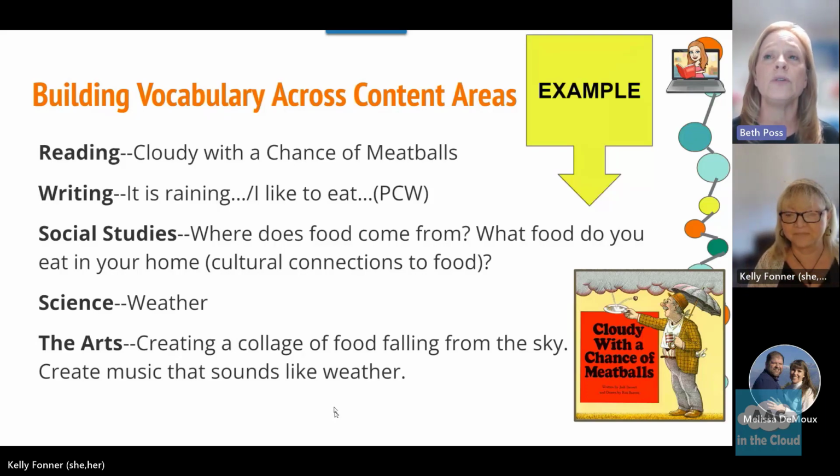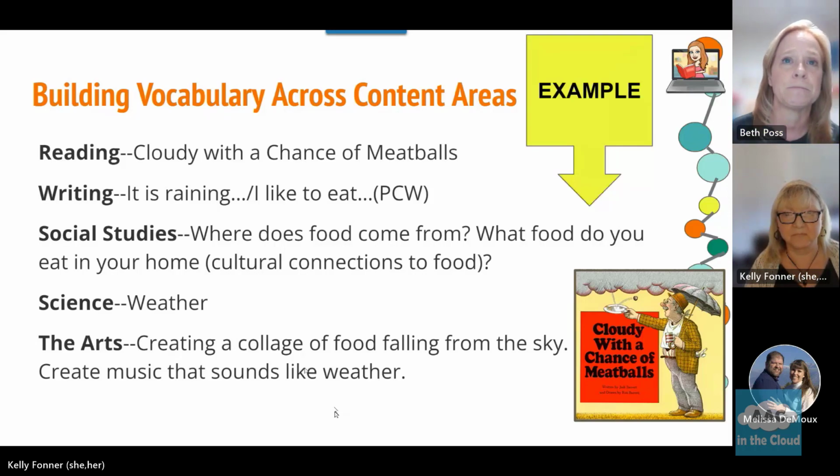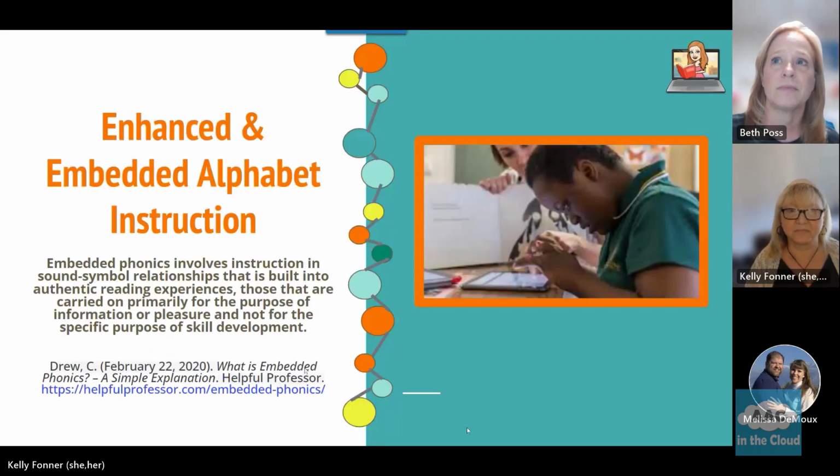Or maybe in your music session, you're going to create music that sounds like weather, like drumming and percussion and all sorts of different instruments. So throughout this, you're having those same conversations around food, around weather, around the vocabulary that originated with this book, but you're connecting it across all of those different content areas.